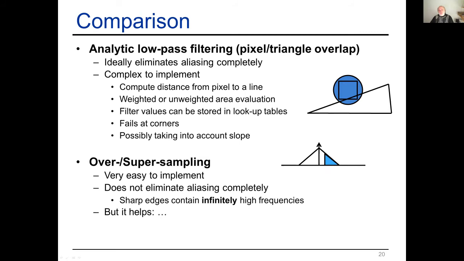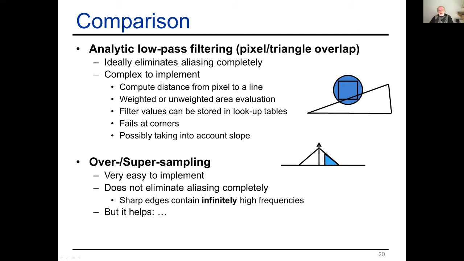Specifically, this blob, for instance, could be a tent function, so in 2D, circularly symmetric. And depending on the distance of the edge from the center, you can essentially look up what the integral is. You can store this in filter tables and lookup tables and interpolate between them.